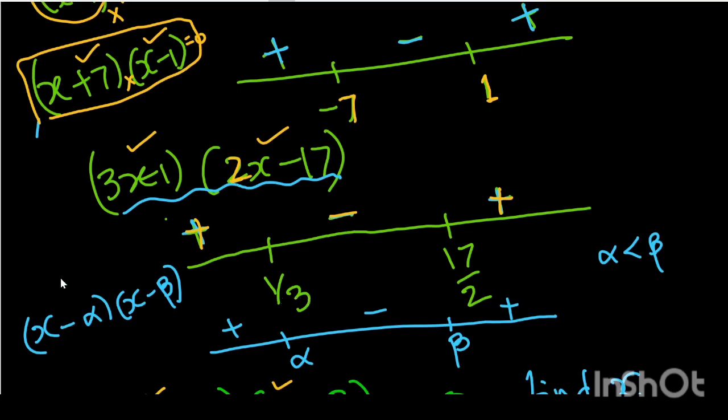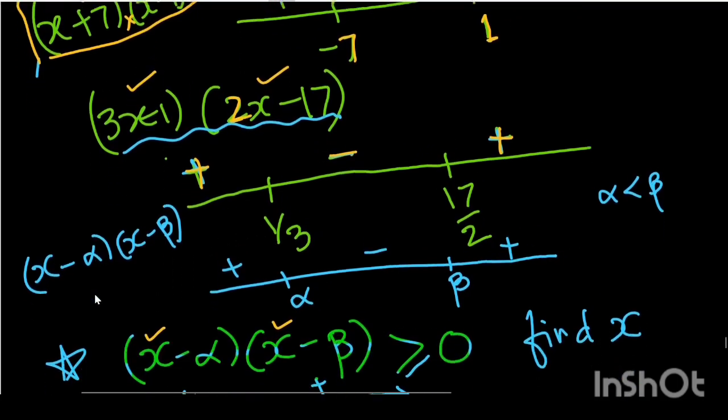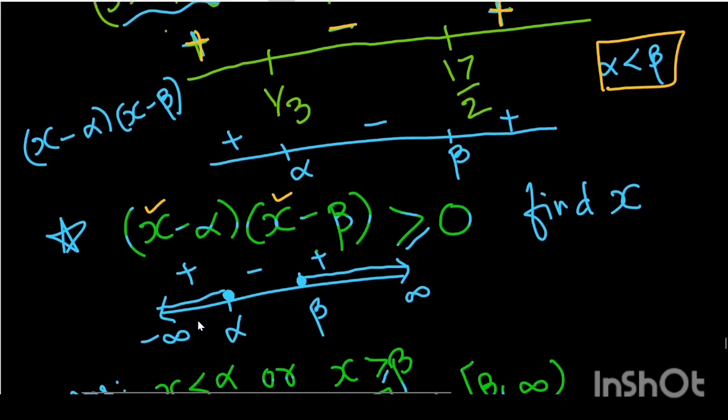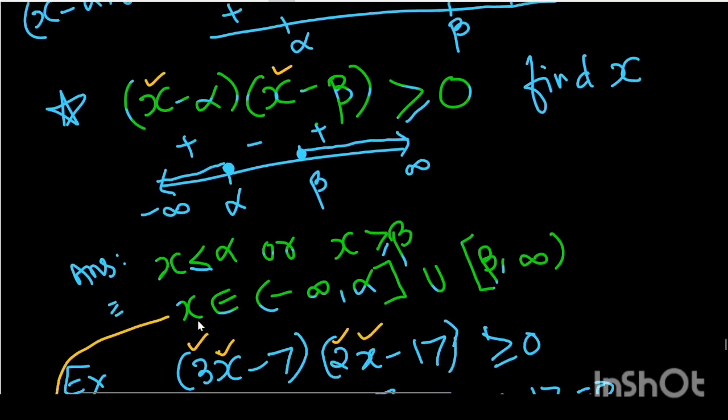So we generalized it for (x minus alpha)(x minus beta), okay. Plus minus plus would be the same when alpha is lesser than beta. So for (x minus alpha)(x minus beta) greater than or equal to 0, the formula is x less than or equal to alpha or x greater than or equal to beta, or equivalently x belongs to minus infinity to alpha, closed interval, union beta to infinity, okay.